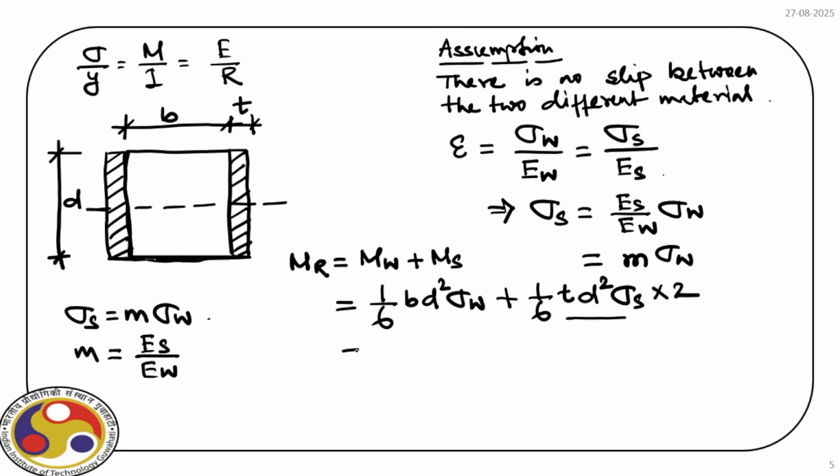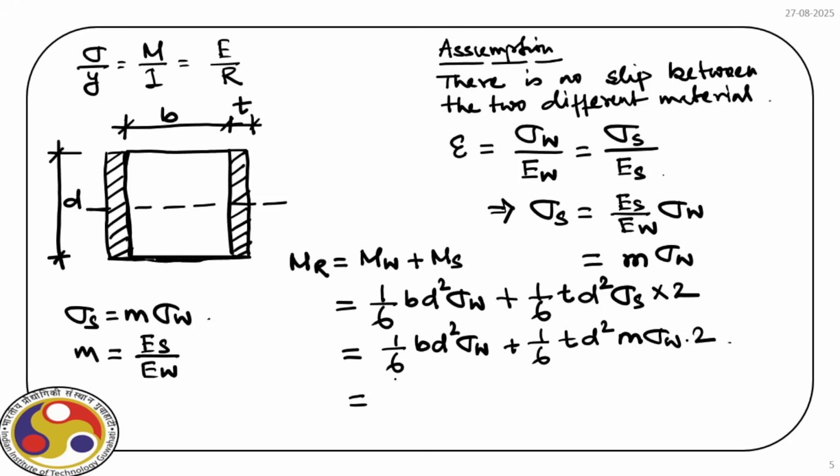Now we can further simplify this expression. So what we have here is 1 by 6 B D square sigma W plus 1 by 6 T D square. In place of sigma S, we can write m times sigma W, times 2.